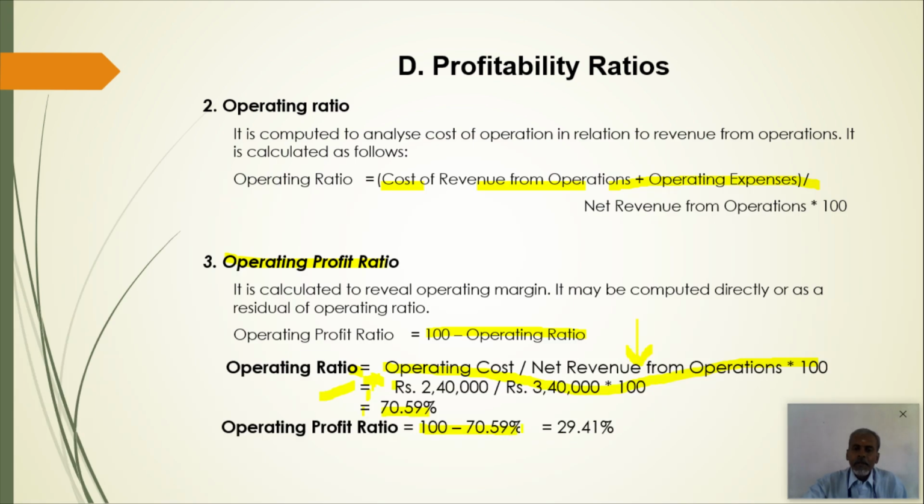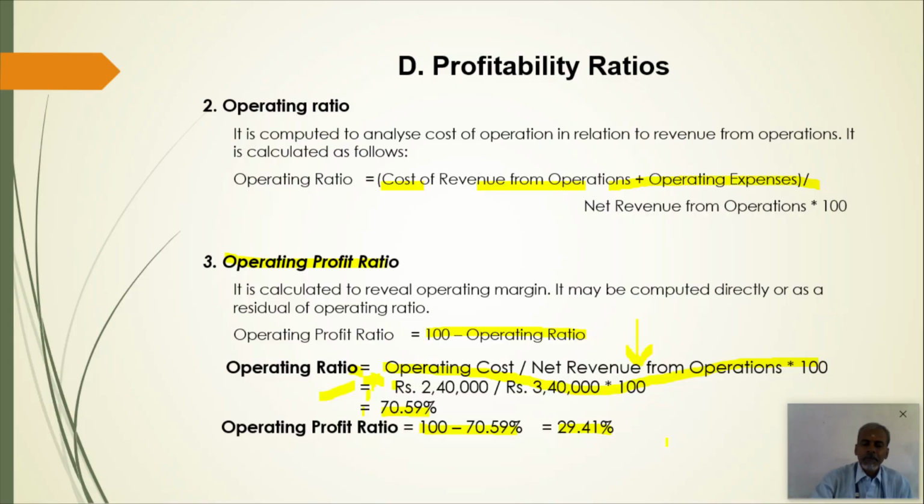You subtract it from 100 and get an operating profit ratio of 29.41. So this is how you calculate operating profit ratio. It is also expressed in percentage. 29.41% is a good operating profit ratio.